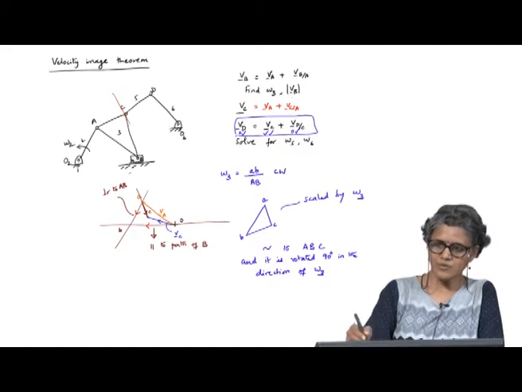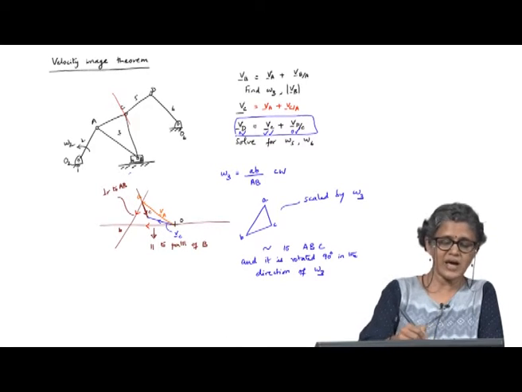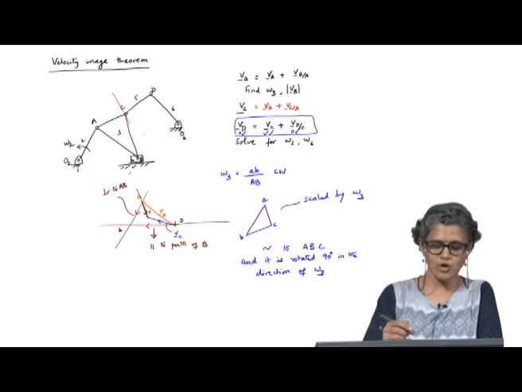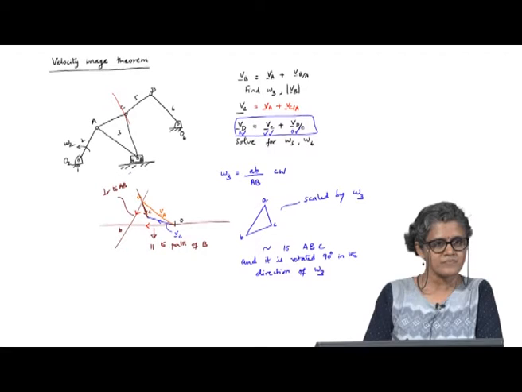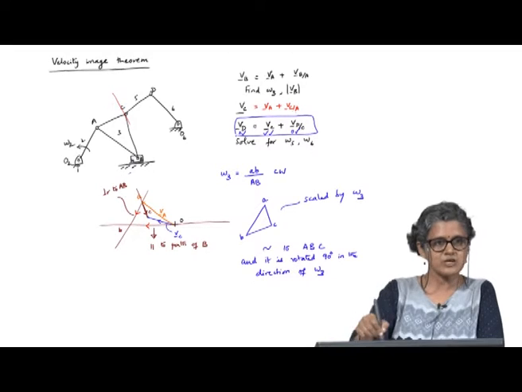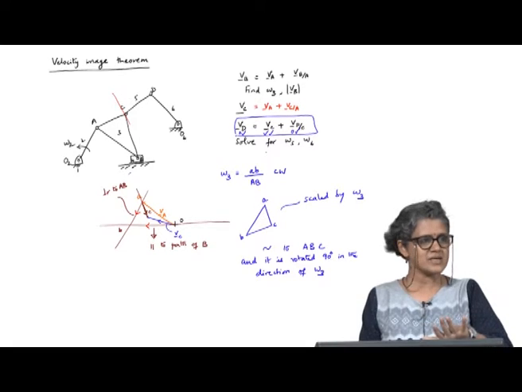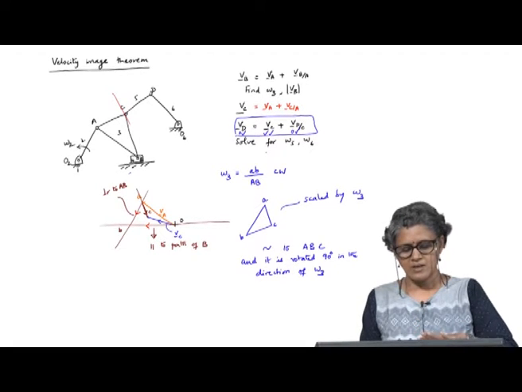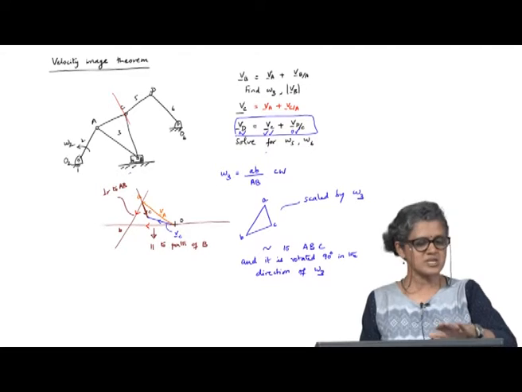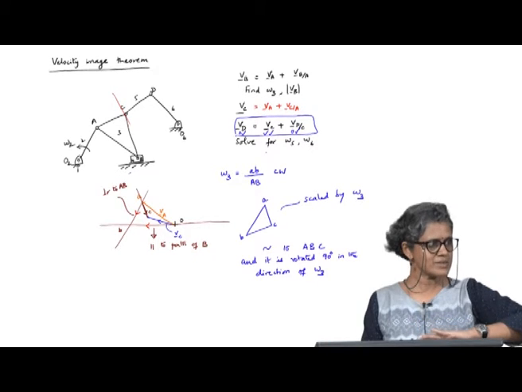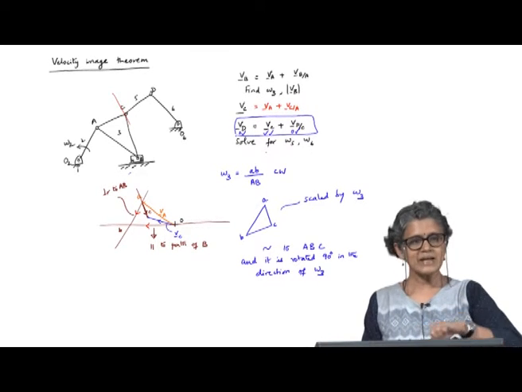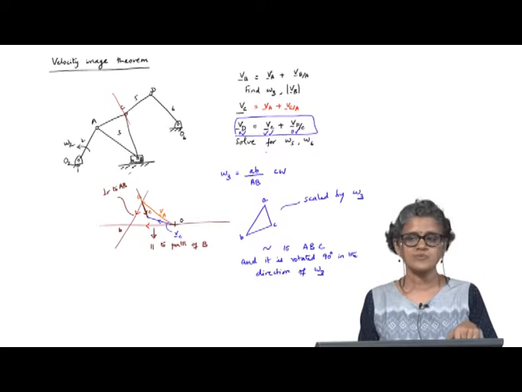So, I do not really need to, so once and I could have other points on this that I am interested in, and all I have to do is construct in the velocity diagram directly instead of having to compute each of these velocities in this manner. If I construct something similar to the shape of that particular link rotated by that 90 degrees, then I can directly read off the velocities of those points.